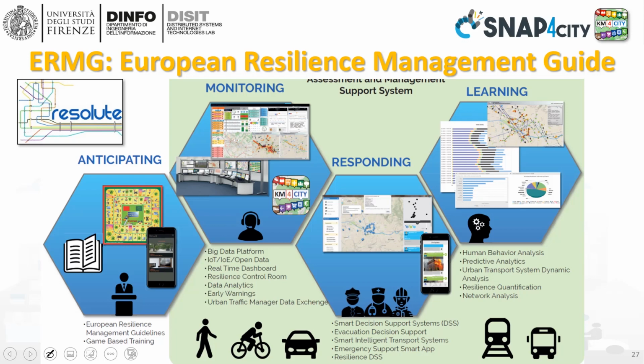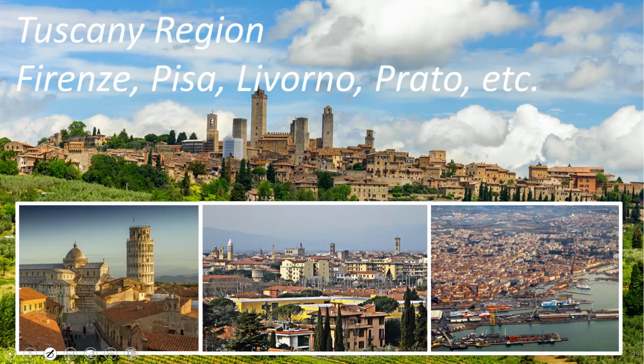So the European Resilience Management Guideline has been tested against the cases in Florence for flooding, but also for Athens for the metro. So you can access the Resolute project to see those tools.